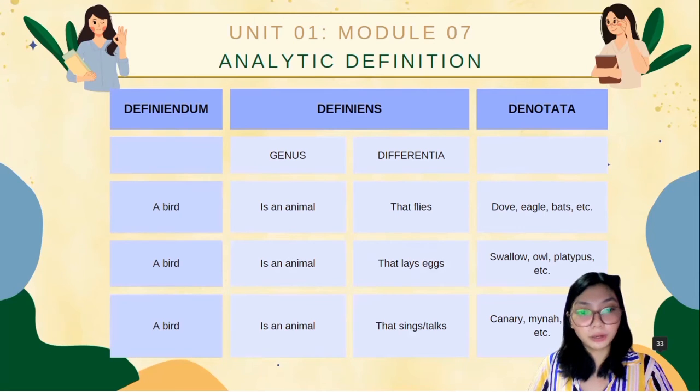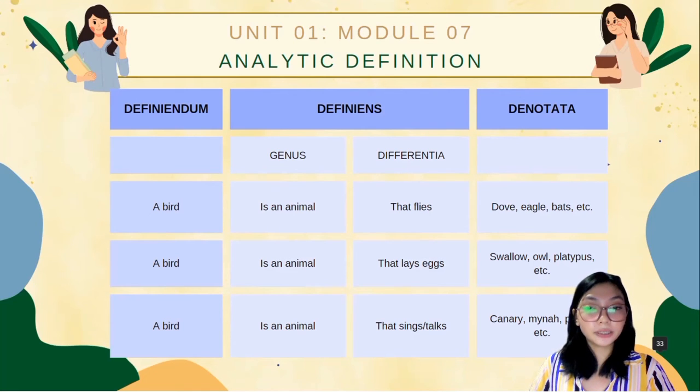And so this table that I will be explaining further will give us a better understanding and help us be better critical thinkers to avoid committing these common errors. Here we have a table that depicts the concept of bird. In this example, we have a bird that serves as the definiendum and the different definiens and the denotata.